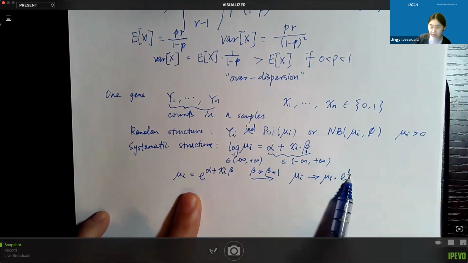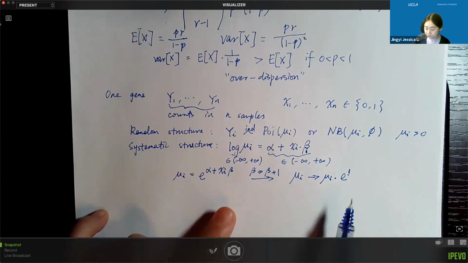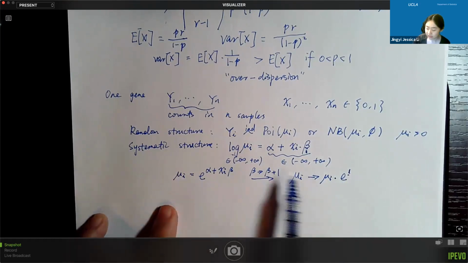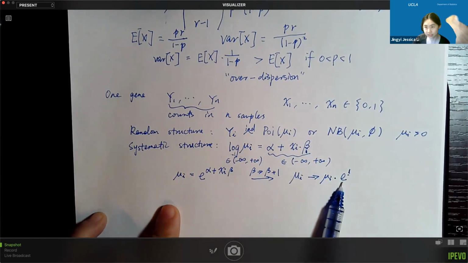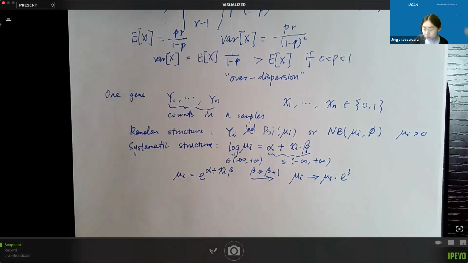In other words, the effect of beta on mu i is on the exponential scale, not on the original scale. That's why we call the effect size multiplicative, on the exponential scale.